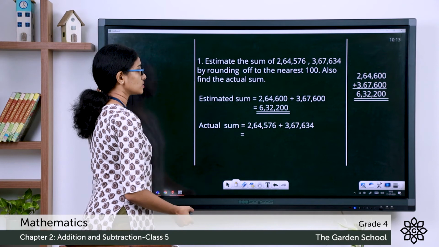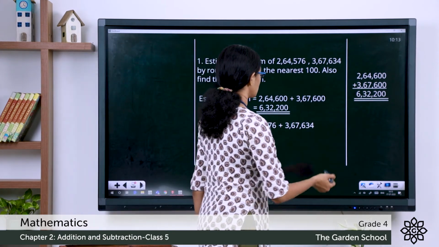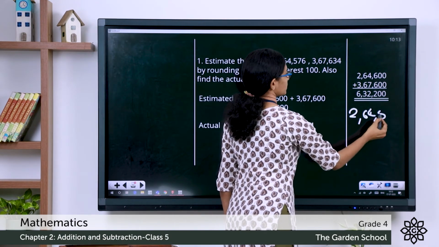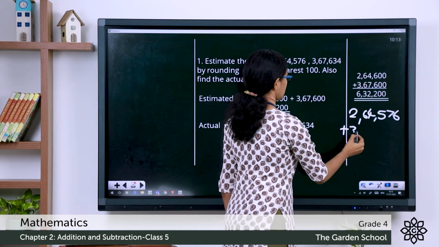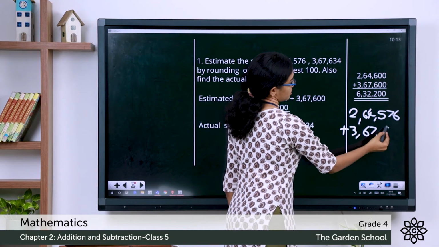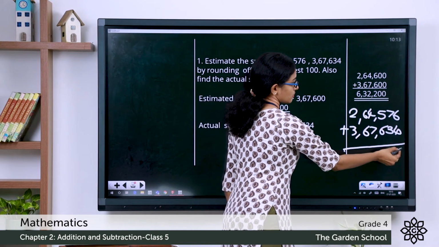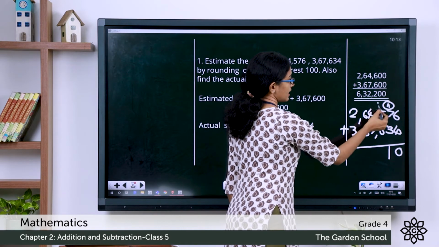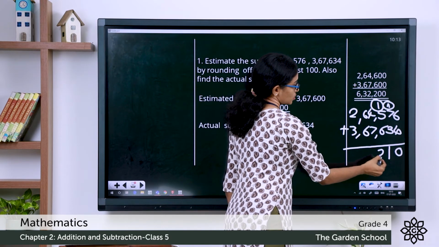Now we are asked to find the actual sum as well. How do you find the actual sum? Just add the given addends like in regular addition. 2,64,576 plus 3,67,634. Now let's add 6 plus 4, it's 10. A carry over. 7 plus 3, 10 plus 1, 11. Carry over. 6 plus 5, 11 plus 1, 12.